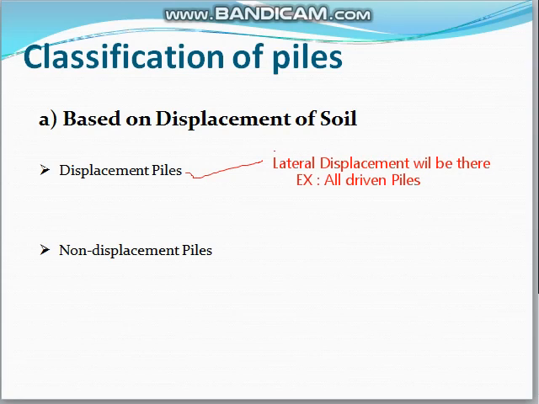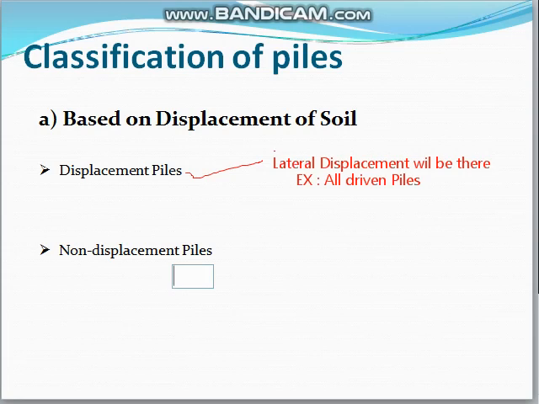Coming to the non-displacement piles: piles which cause no lateral displacement of soil when the pile is installed are nothing but non-displacement piles.